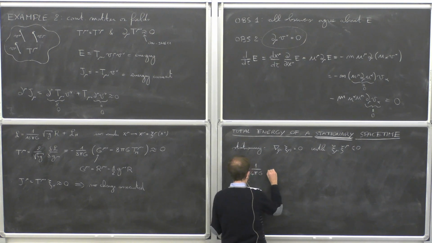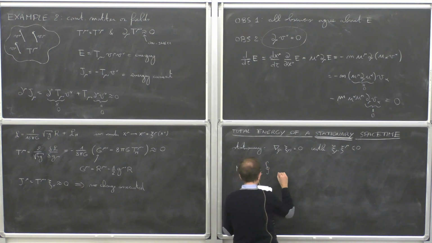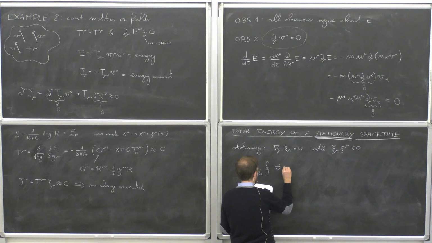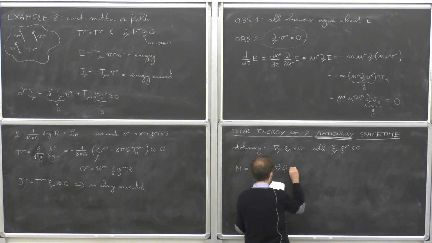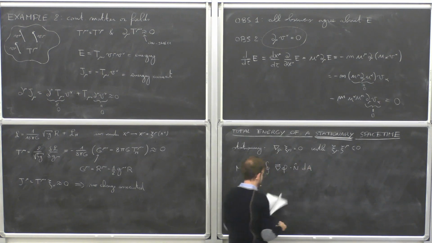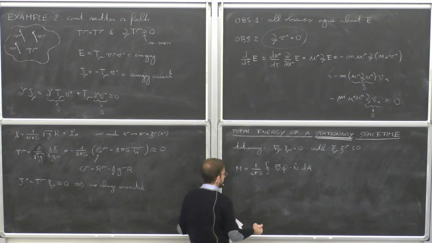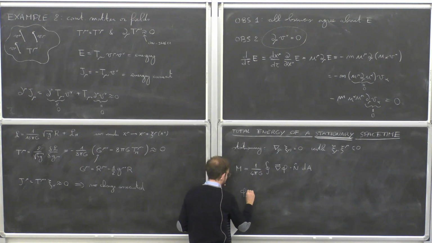In this particular case, I want to use this notion of mass, where phi is just the Newtonian gravitational potential.